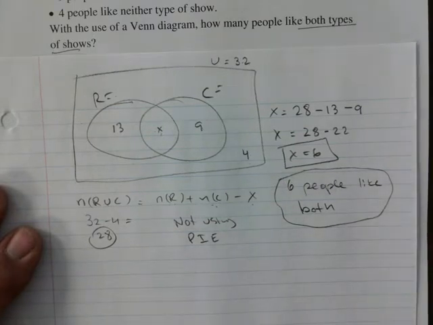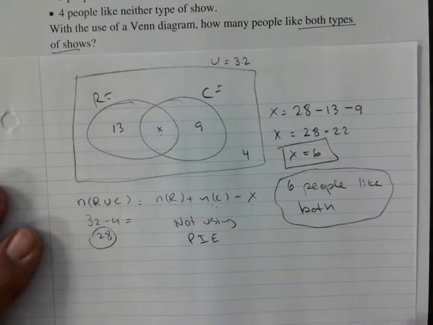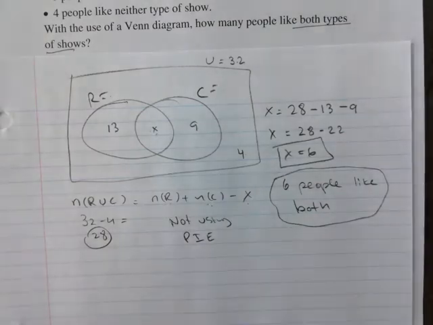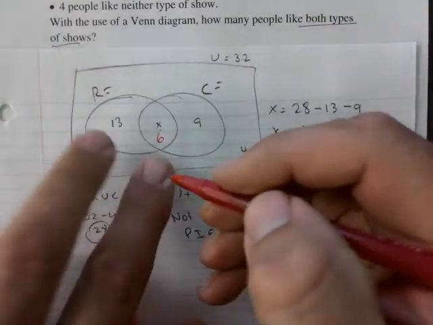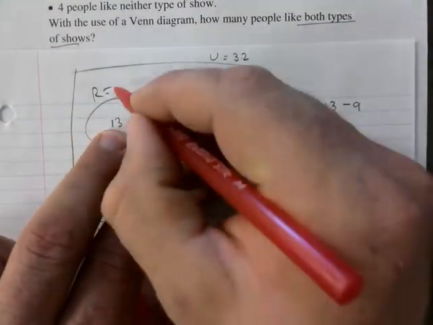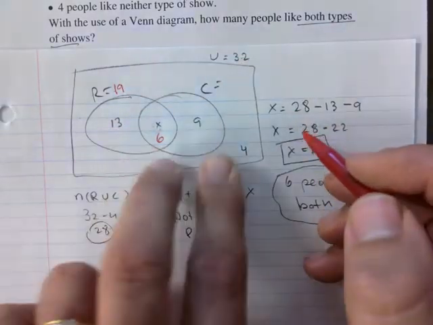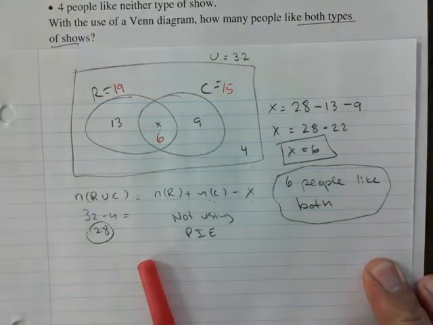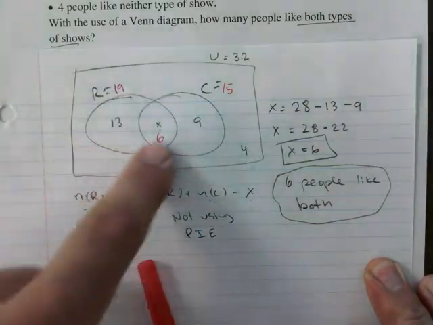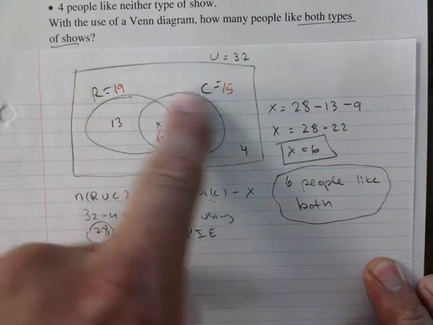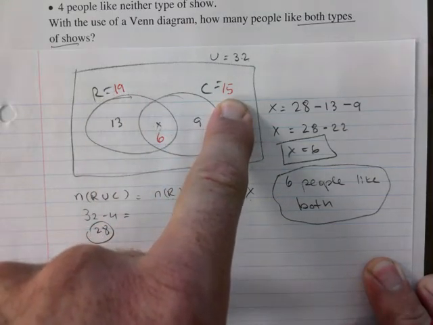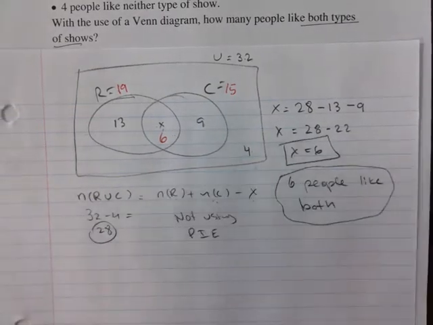If they could have asked more, now that we know this is 6, we know these combined would be 19, correct? And these two combined would be 15. Now you know how many people like reality shows, 19, and how many people like contest shows, 15. And so forth. That's how you do it.